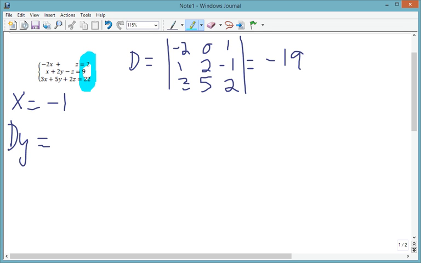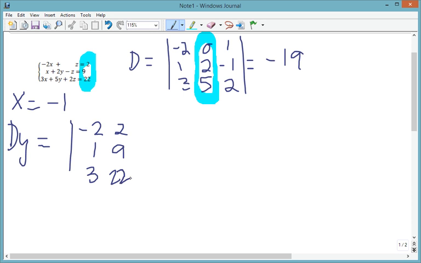The answers are going to go into the y column. Everything else in D will stay the same. So I'll still have negative 2, 1, 3 down the first column. Then I'm going to have the answer column, which is 2, 9, 22, and then the last one same as in D.